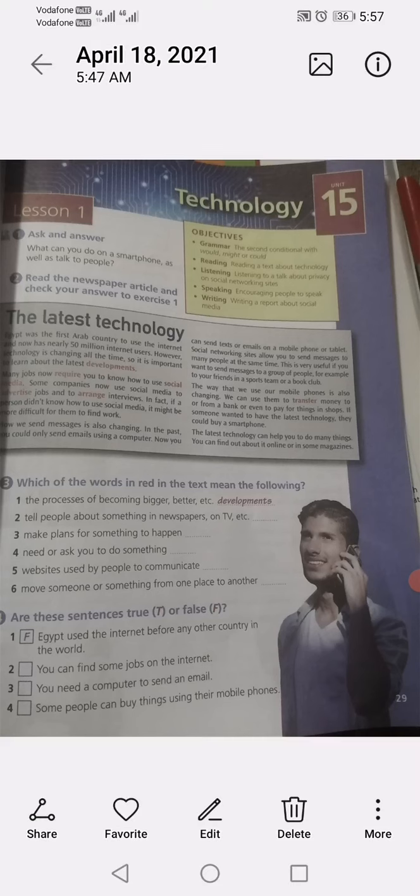Social media. Move someone or something from one place to another. Yes, transfer. Okay, so number 2, advertise. Number 3, arrange. 4, require. 5, social media. And 6, transfer.